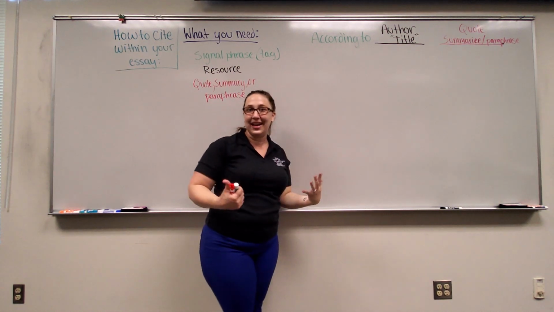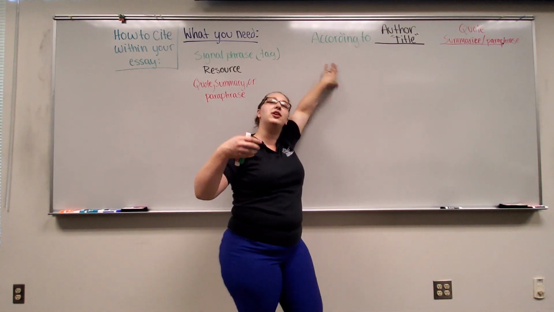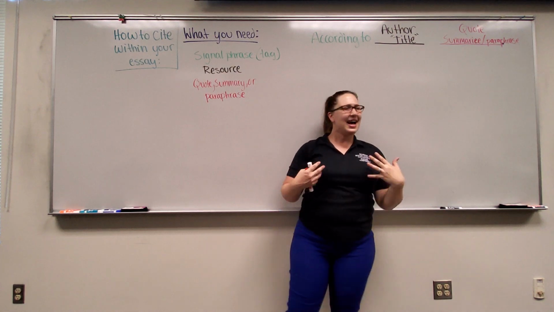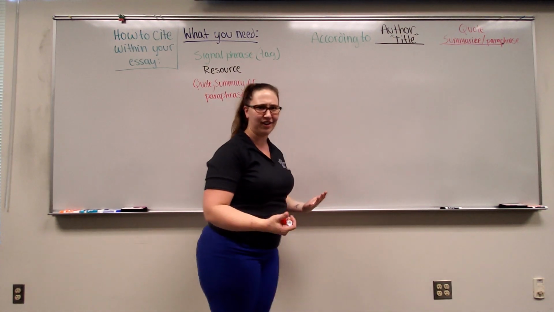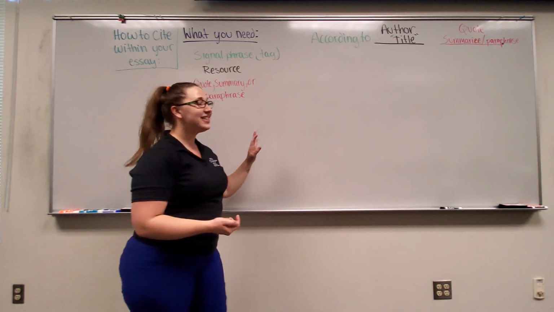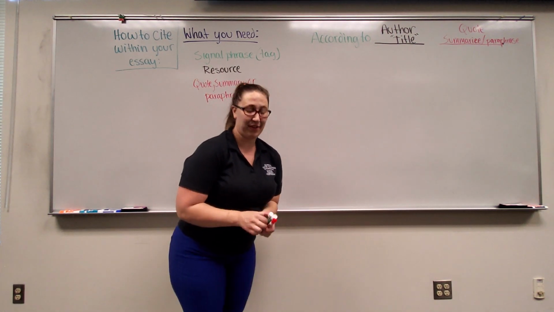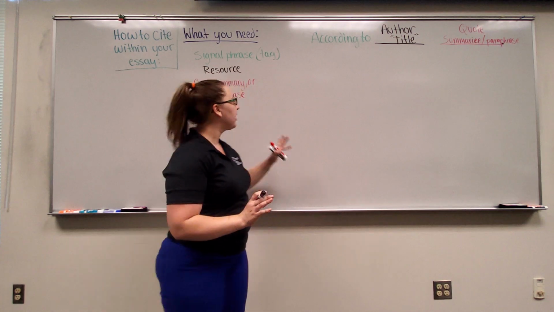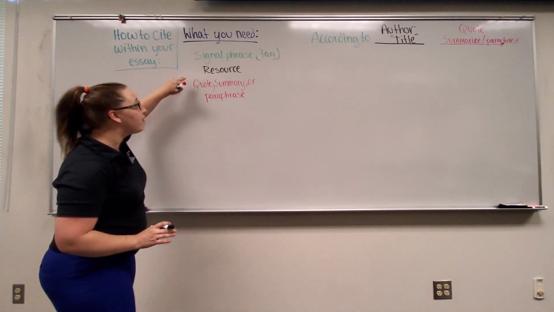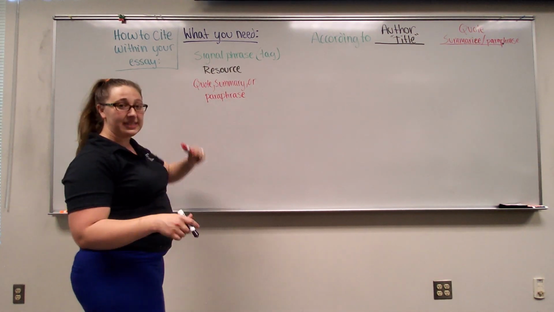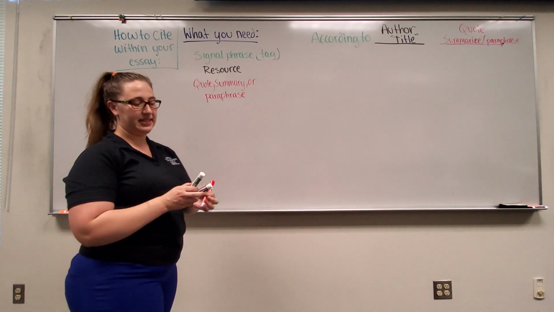If you write like me, saying according to could impede the flow of your writing, impede your writing style altogether. So there's a second way in which you can, well, give credit where credit is due. But you still have to have all 3 of these pieces in order for it to be successful.